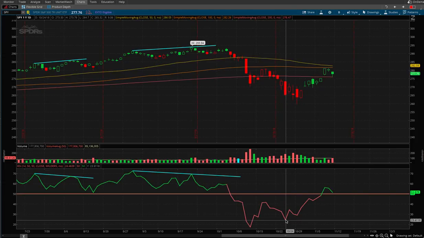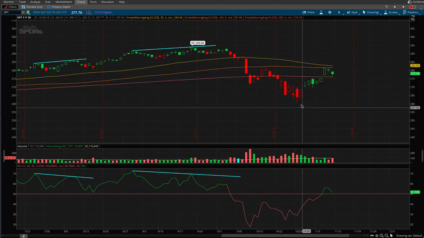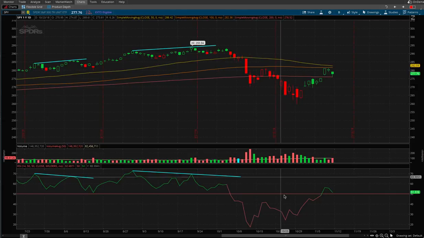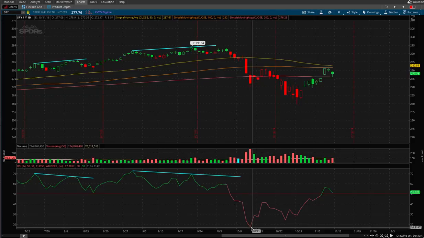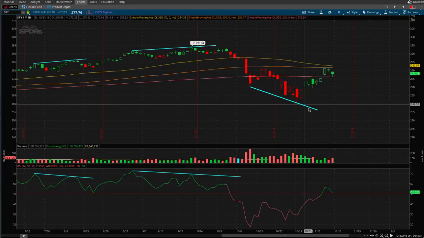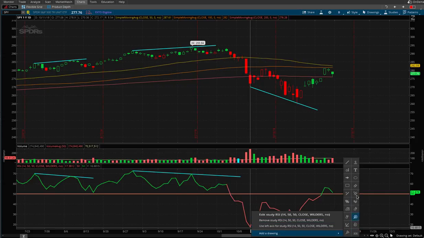But here we have a higher low than this low, right? And then here we have a lower low than this low and this low. And here we have a higher low than this low and this low. So here we have a downtrending of lows. And here we have an uptrending of lows.